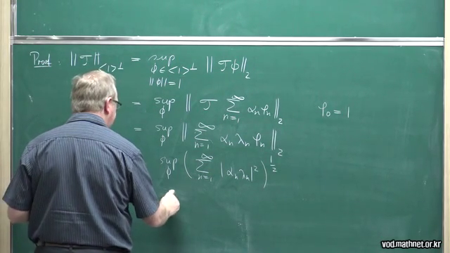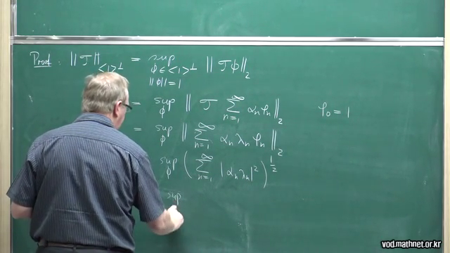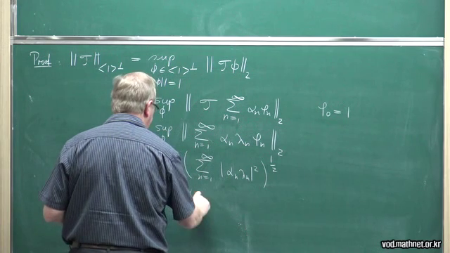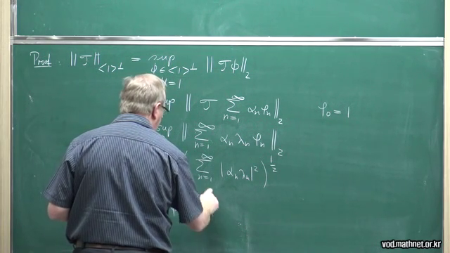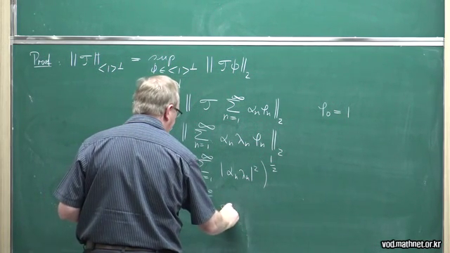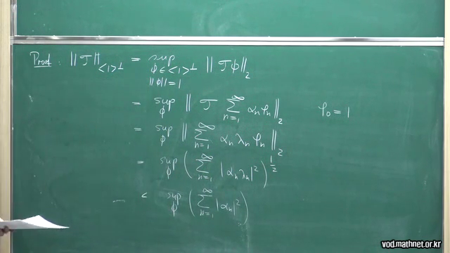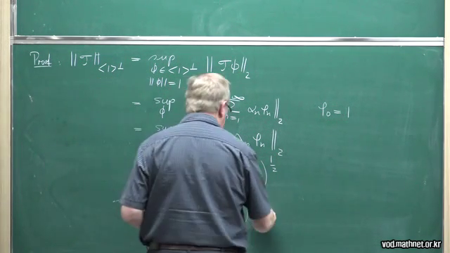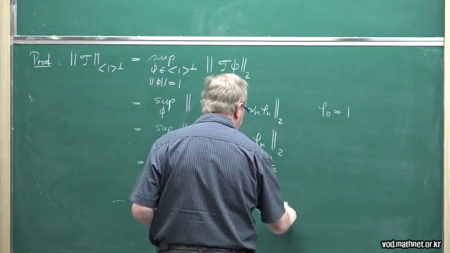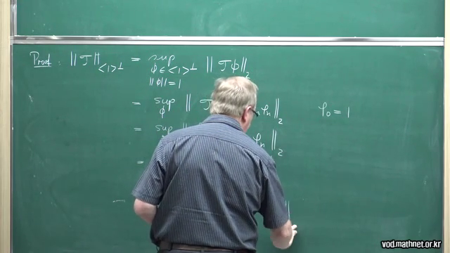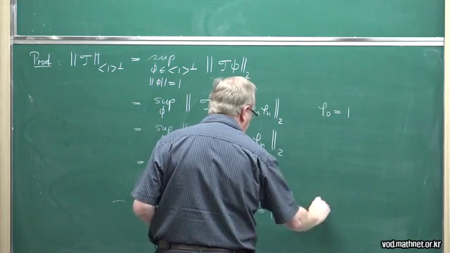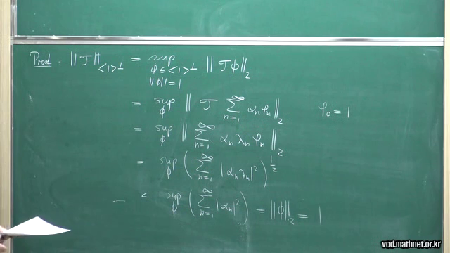So this is less than supremum phi of the sum, n is 1 to infinity, alpha n squared. But then the sum of the coefficients of the original function is just the L2 norm of the original function. So this is phi in the 2 norm, and then this was equal to 1 as we have started.